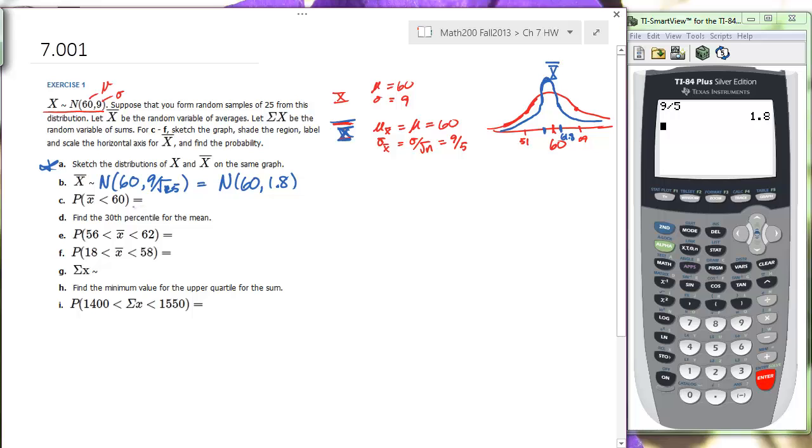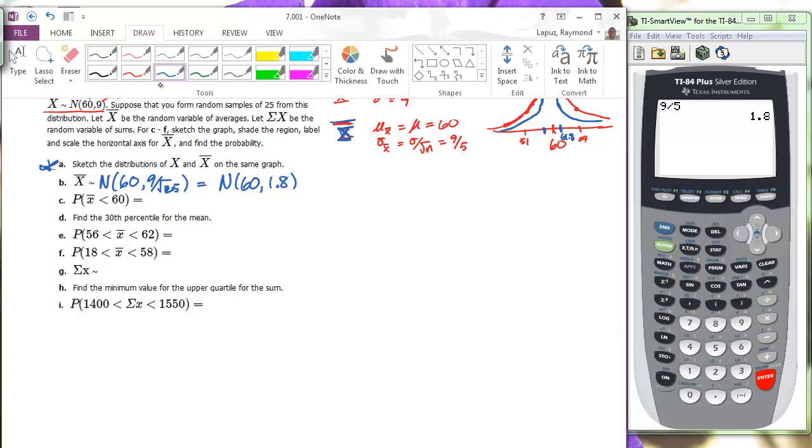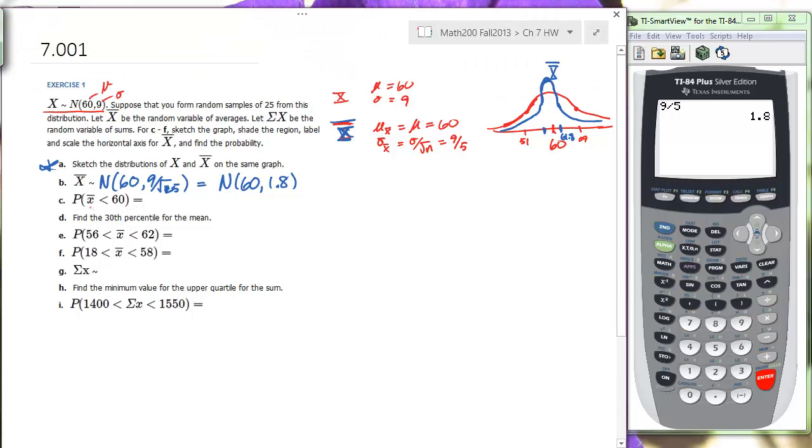Now here they're looking for the probability that the random variable, using the central limit theorem, the random variable of the means is less than 60. That is going to require us to use the normal CDF, using this blue graph, the x bar graph.